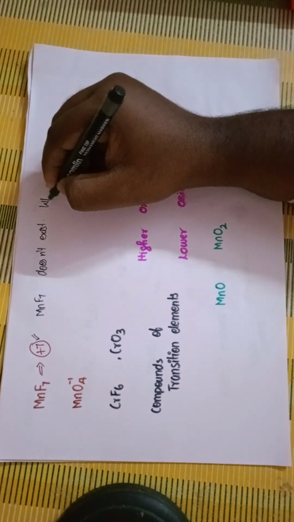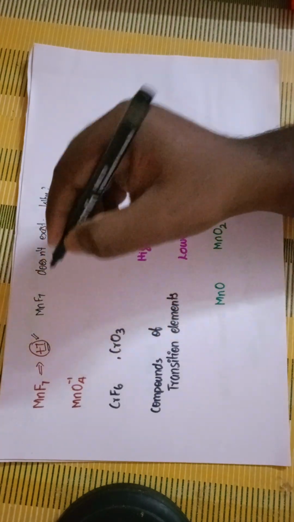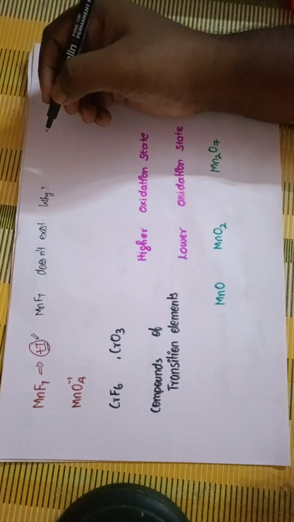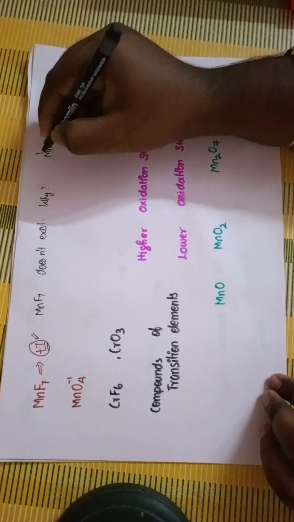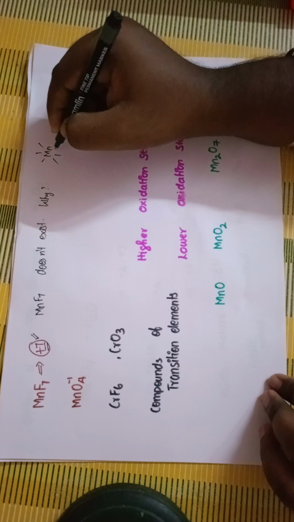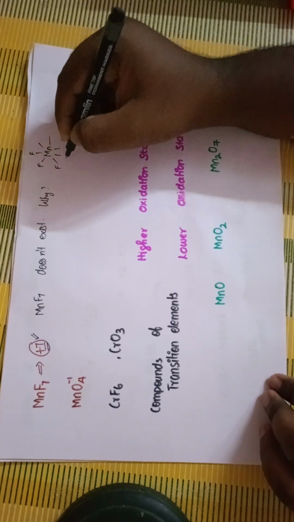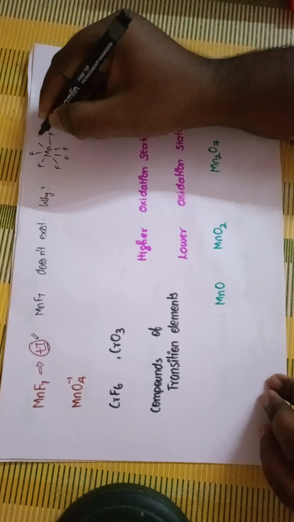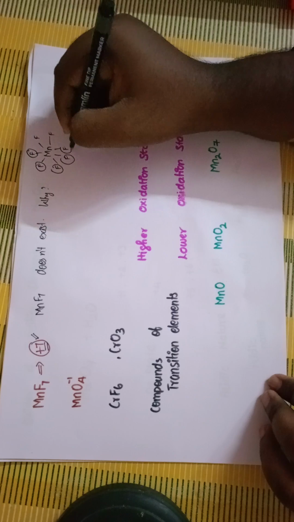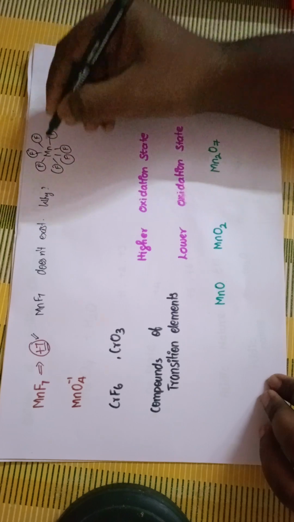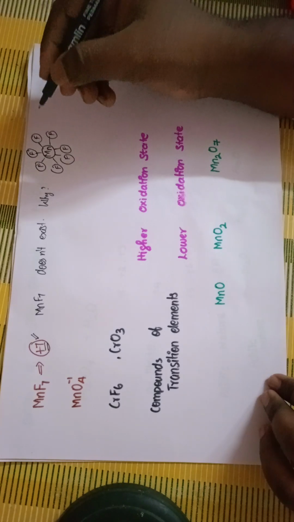They will ask why Mn+7 does not exist. Even though manganese has a +7 oxidation state, the compound does not exist. The reason is, see, we have a manganese atom and 7 fluorine atoms around manganese.